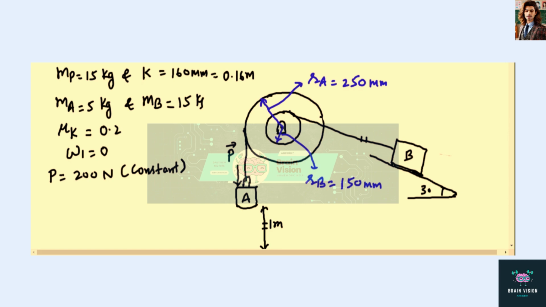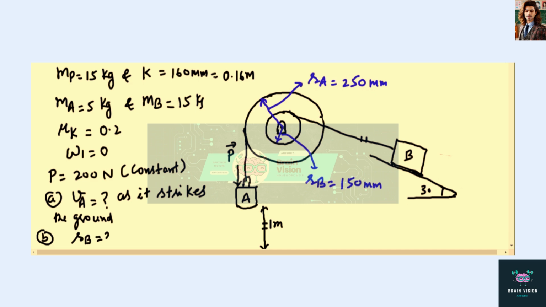Then we have to calculate, first part, the velocity of the cylinder A as it strikes the ground. Second part, the distance traveled by the block B before coming to rest.